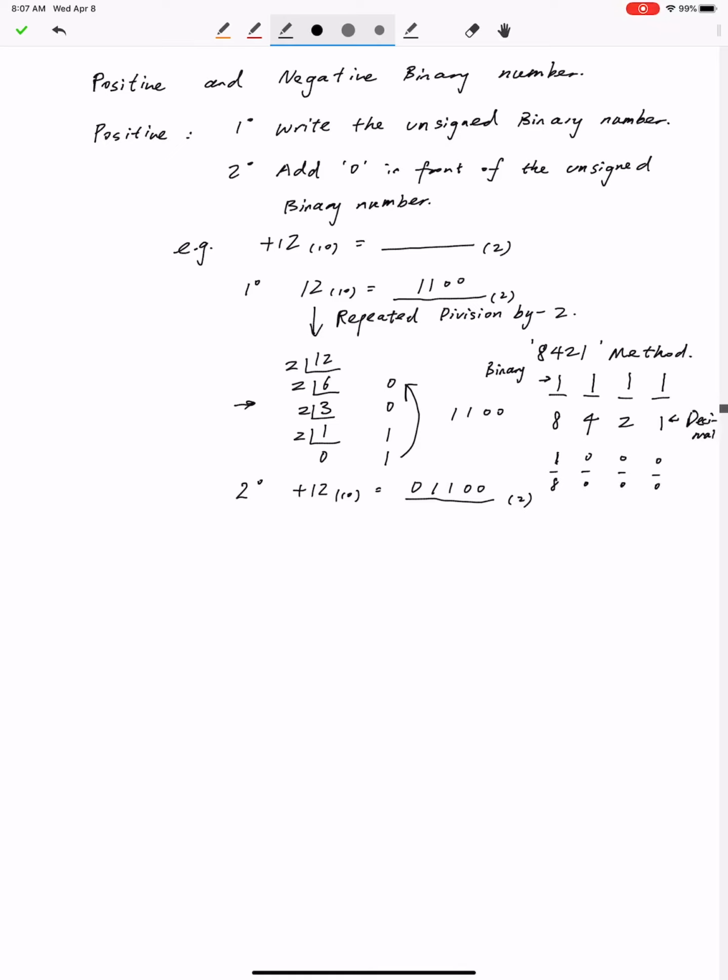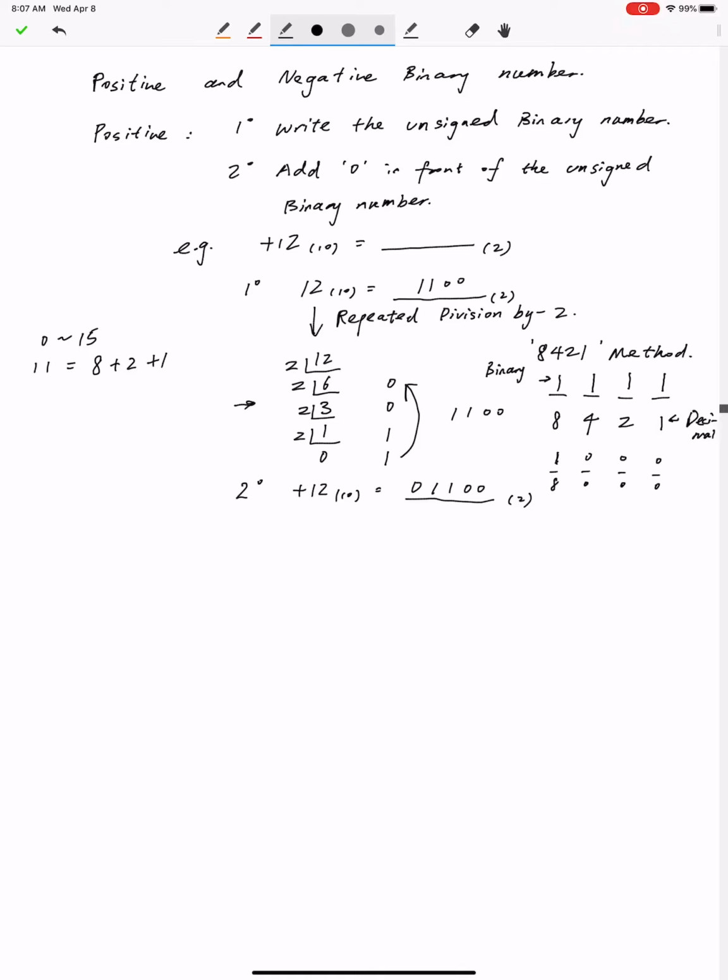So 1000 represents 8, right? So by using this method, we can quickly find the binary representation of a decimal number from 0 to 15, right?